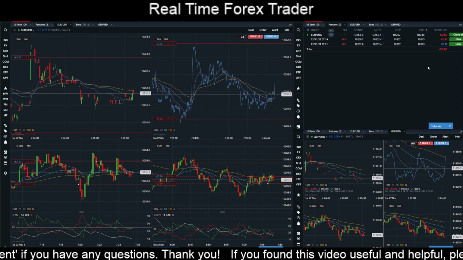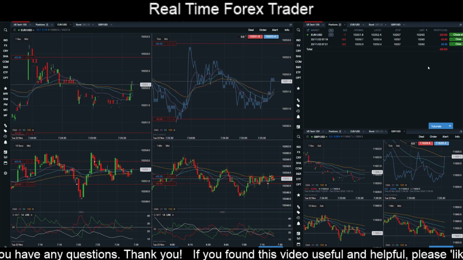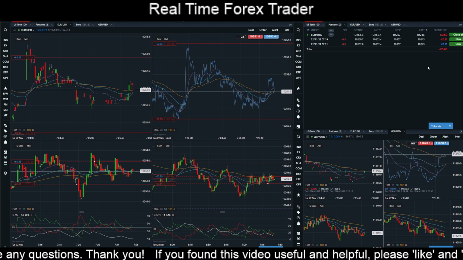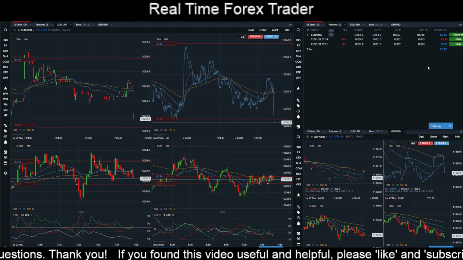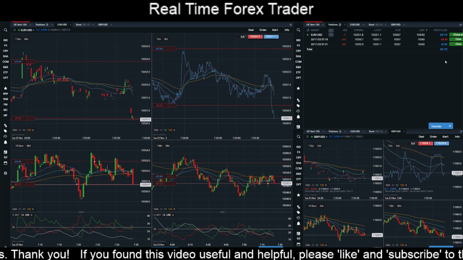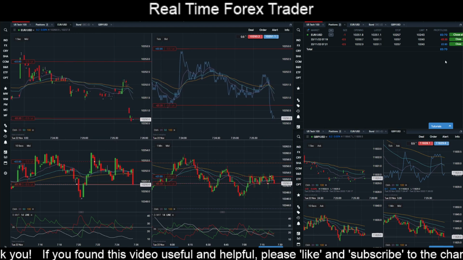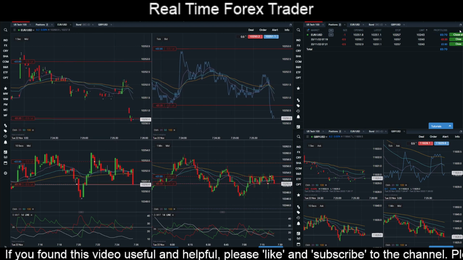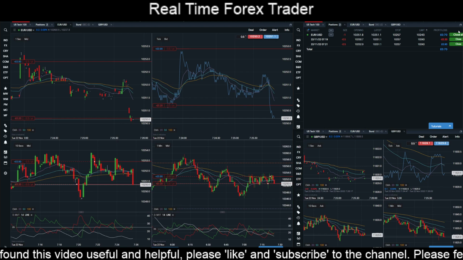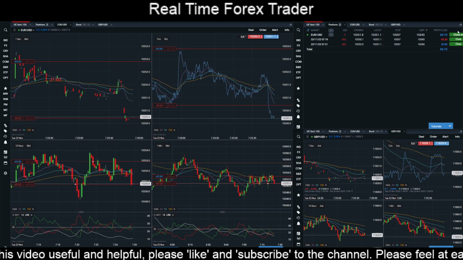So this is the reality of trading. Right. Dropping down. We're beginning to get near the second position, coming back on side.